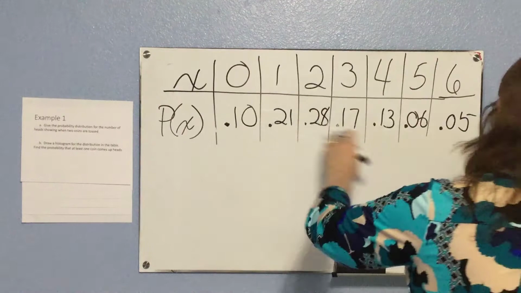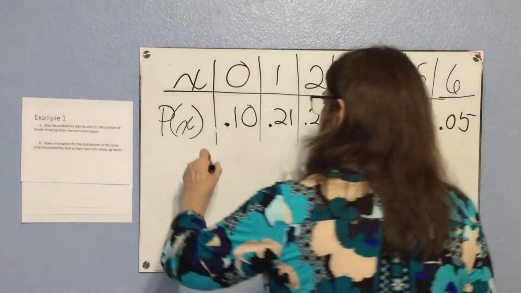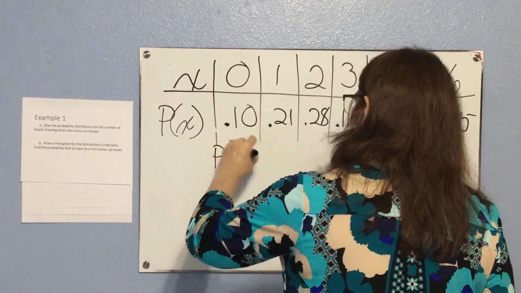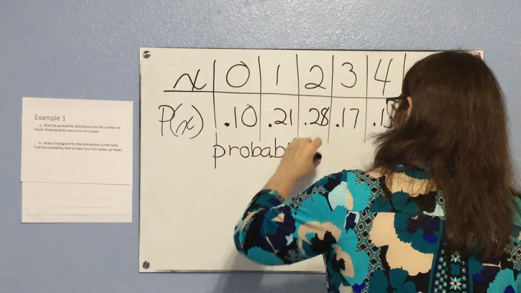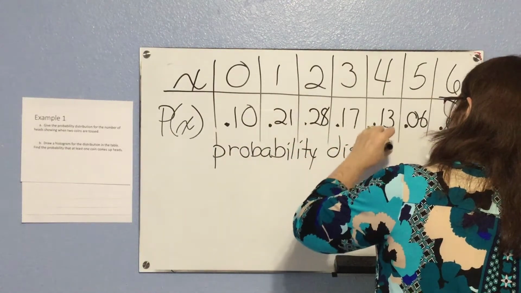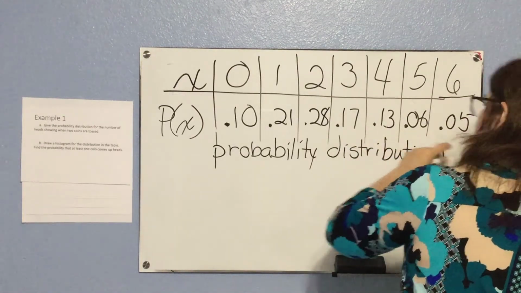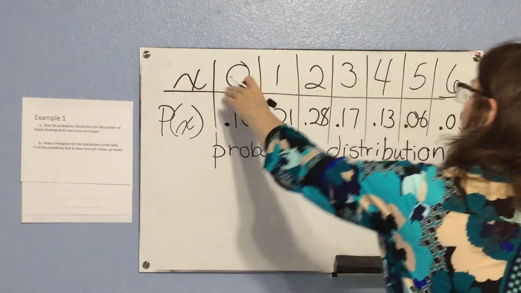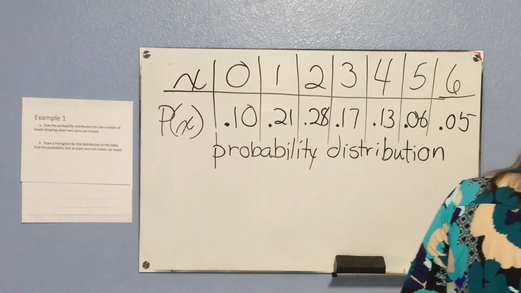And when I make this table, this is called a probability distribution. I'm making just this table with the possible outcomes and the probability of each of them.